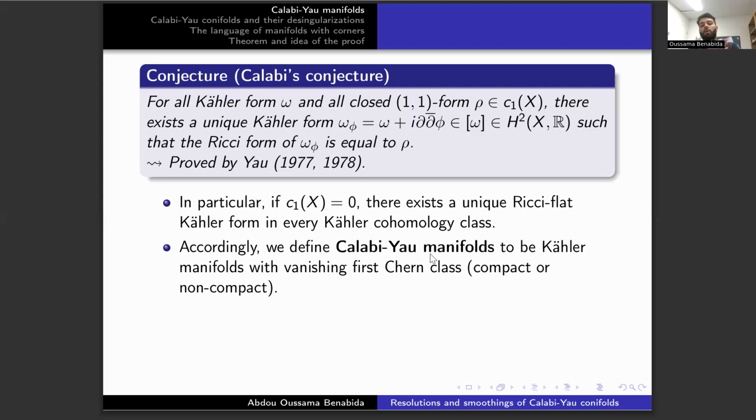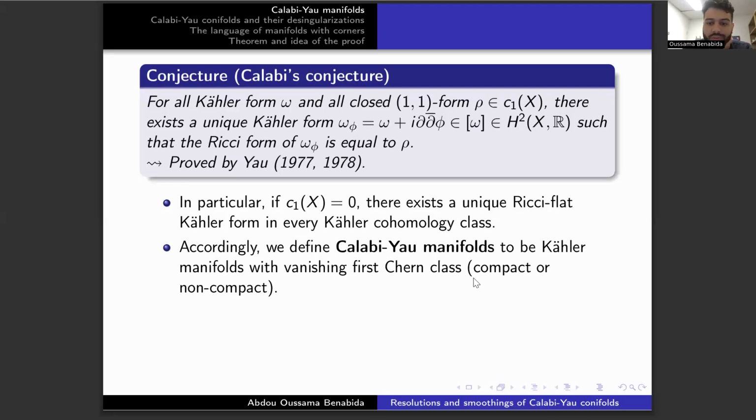And these, we will define as Calabi-Yau manifolds. It's Calabi-Yau because it comes from the Calabi-Yau conjecture and Yau's solution. Calabi-Yau manifolds are any Kähler manifold which has first Chern class equal to 0.